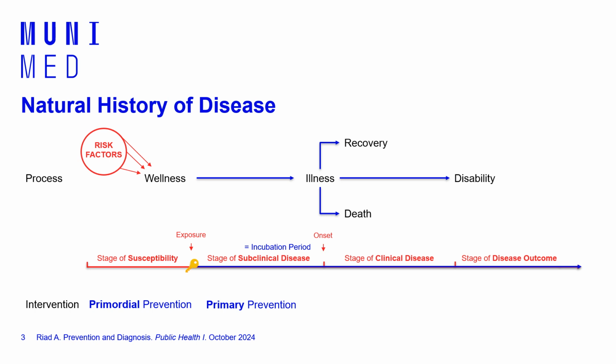A good example of primary prevention is vaccines, and we will learn very soon about other examples.